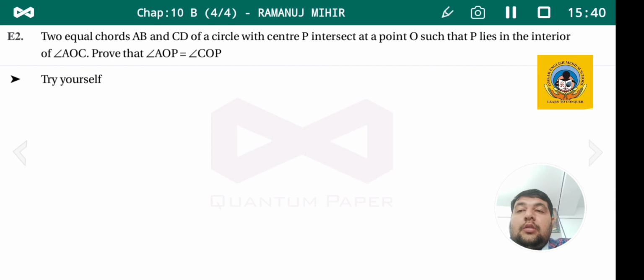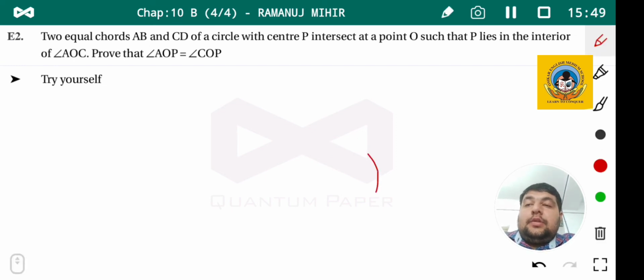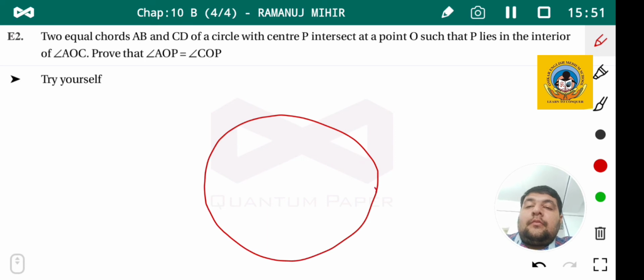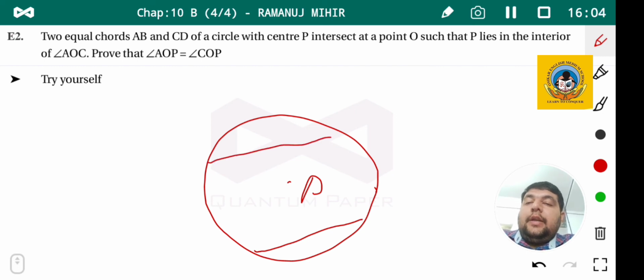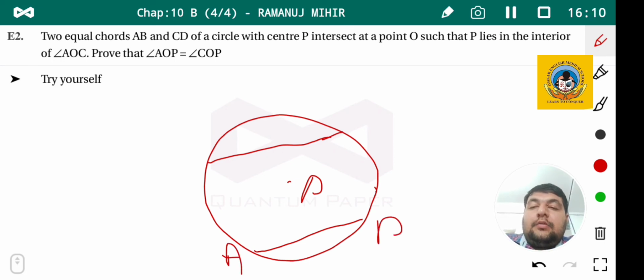Now, what is the question? Understand it carefully. Two equal chords: this is the circle with the center P. This is the first chord, and I think we should draw the second chord here. This is the second chord. What is the name of the chords? AB and CD.